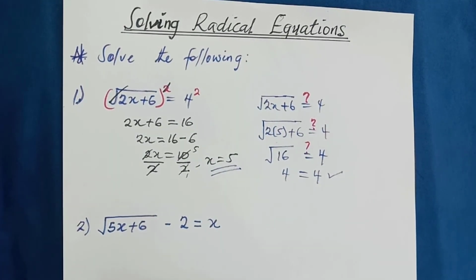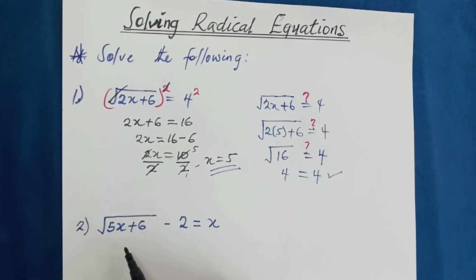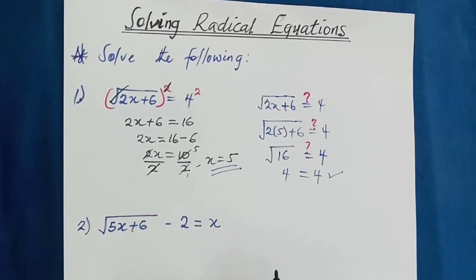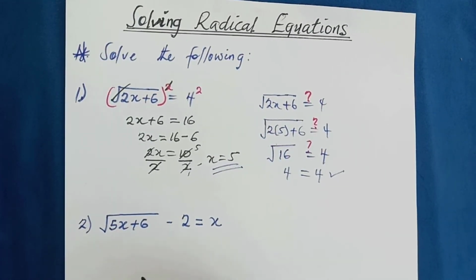All right, let's look at the second example. We have the square root of 5x plus 6 minus 2 is equal to x. The easiest way to go by this is to move the 2 here, so that we keep the roots at one side and the terms without the roots at the other side.